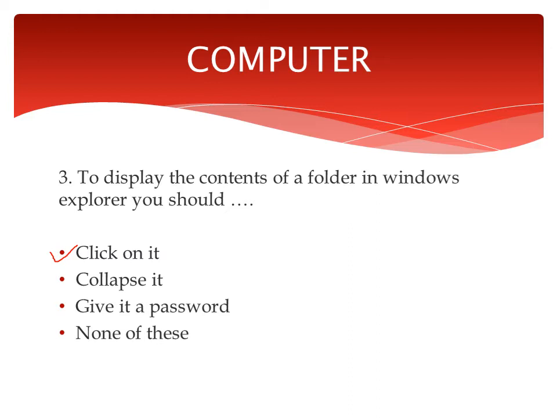Third question: to display the contents of a folder in Windows Explorer, you should first, click on it; second, collapse it; third, give it a password; fourth, none of these. Correct answer is click on it.